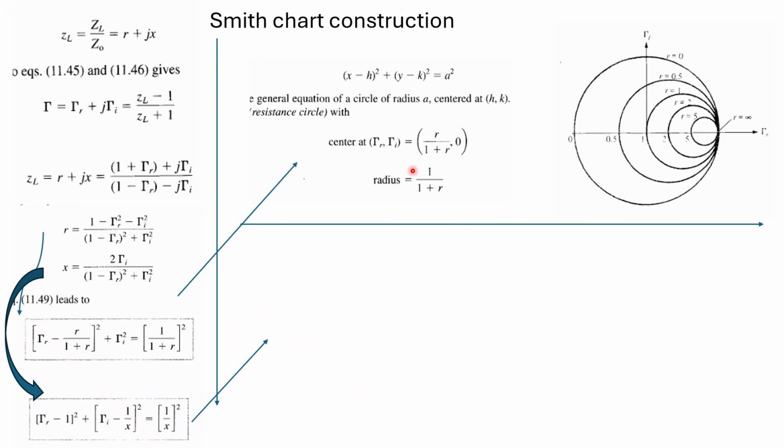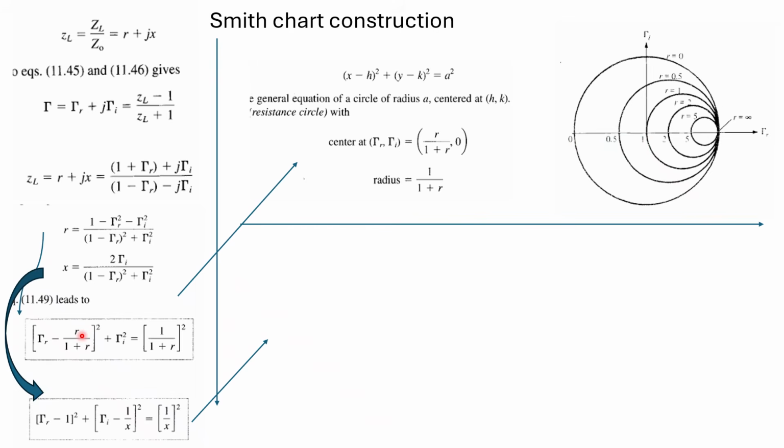Simply put r equal to 0 in these equations. Then it will be tau r minus 0, whole square, plus tau i square, equal to 1 divided by 1 plus 0, so the radius will be 1. That is why the radius is 0 to 1, and this is for r equal to 0.